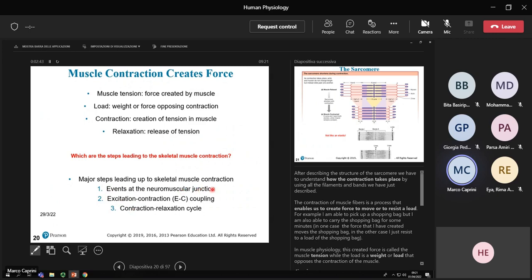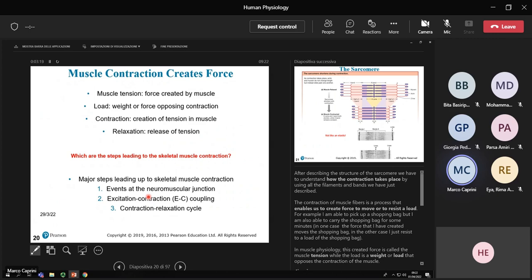As we said before, the acetylcholine is released and it binds to nicotinic receptor that are ionotropic receptor that permit the sodium ions to flow inside of the cell. And then we have to understand how the excitation contraction coupling takes place. So how the muscle can contract after the events at the neuromuscular junction.